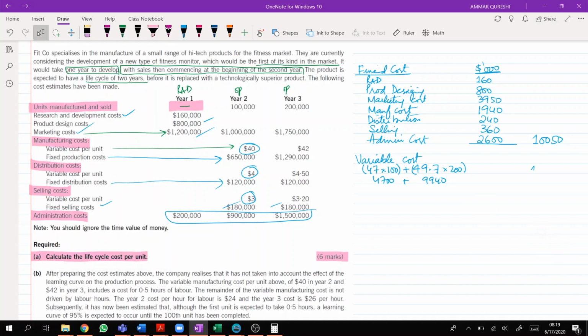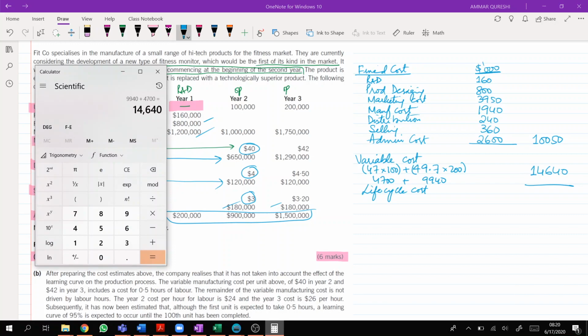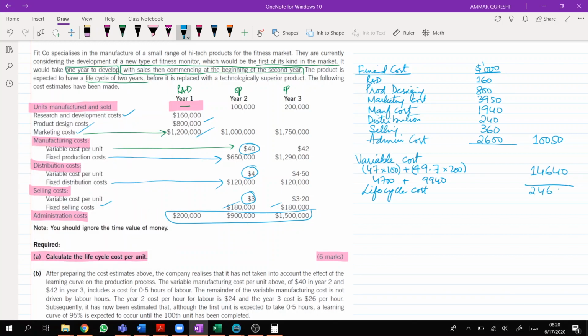So the total cost of the product, the life cycle cost of the product, is 14640 plus 10050, which is 24690. This is the overall cost.